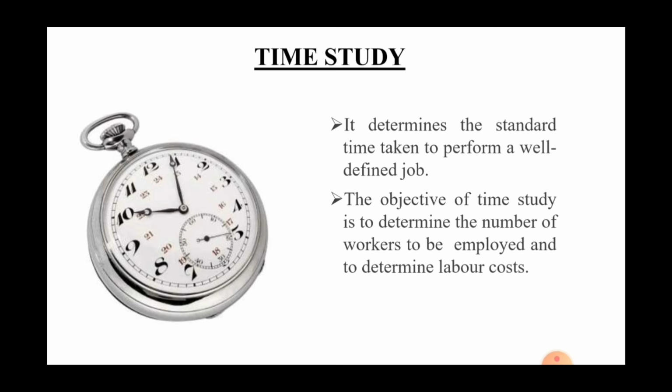The major objective of work measurement or time study is to determine a standard time required to do a job. It also helps to compare alternative methods and develop faster methods. It helps to compare the performance of the workers. It provides information on utilization of equipment.